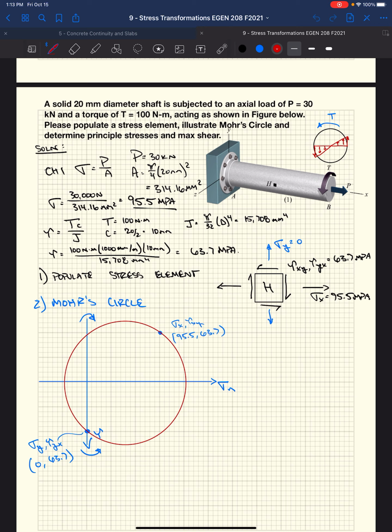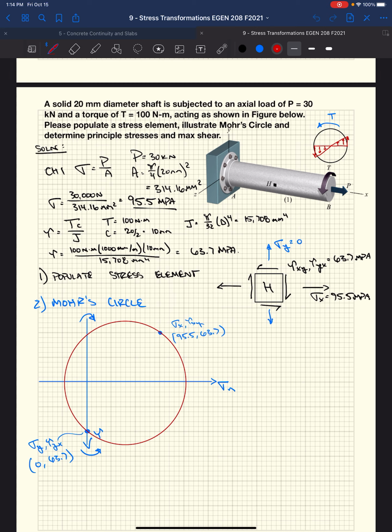And they really wanted us to determine what are the principal stresses and the max shear that will be acting in this shaft, right? We're going to have the worst case demands in this shaft somewhere, based on this initial stress state that we can calculate from the applied loads.